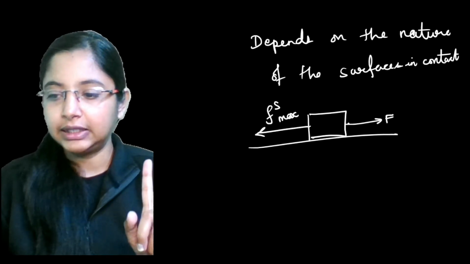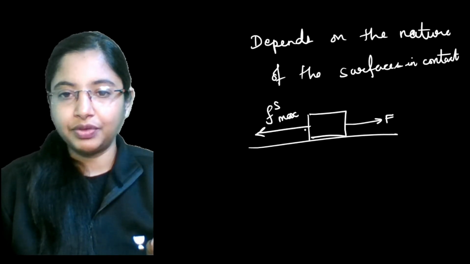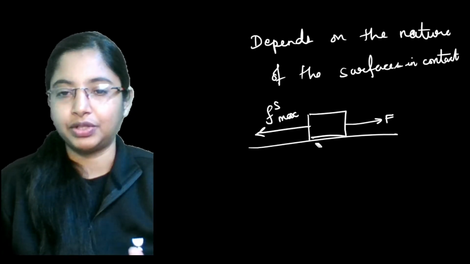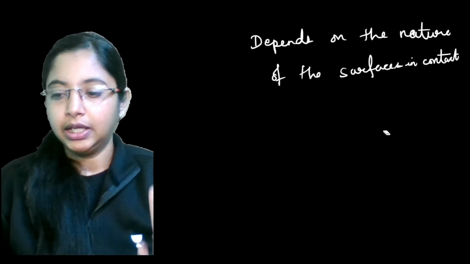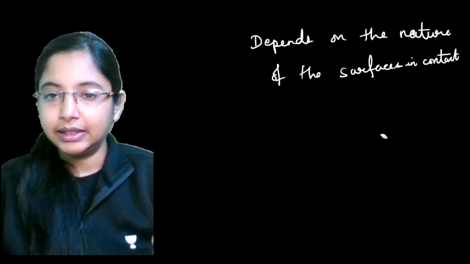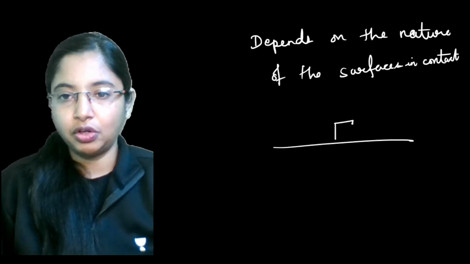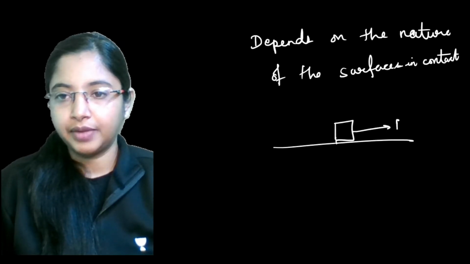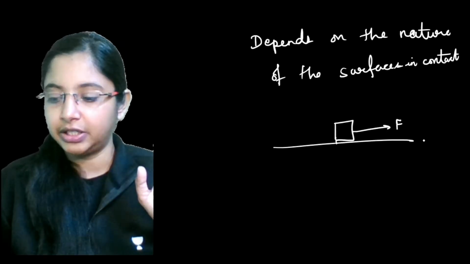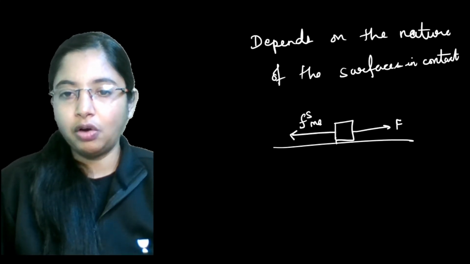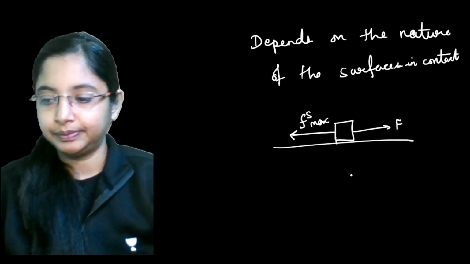Meaning, it will be tangent to the two surfaces in contact. Also, if the direction of motion of the object is in this direction, applied force in this direction, then your limiting friction will always be in the direction opposite to it.